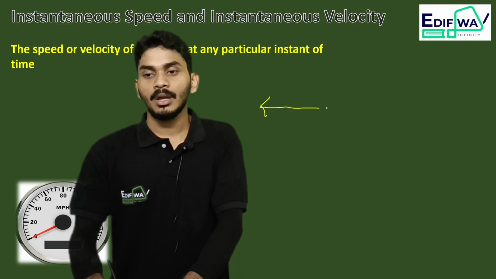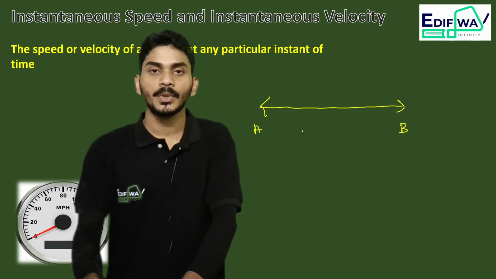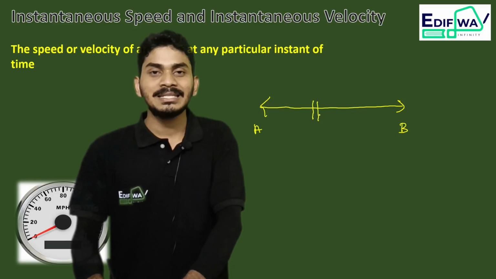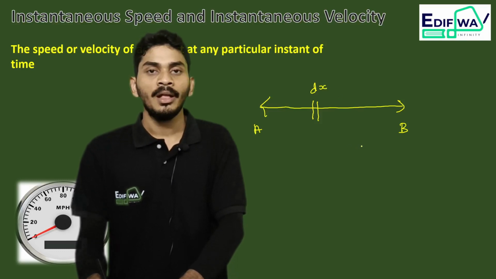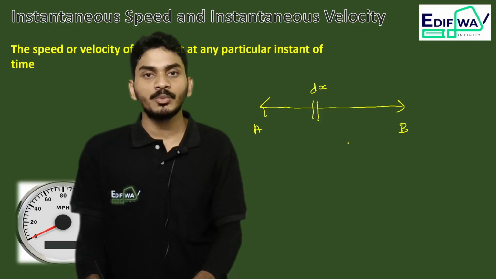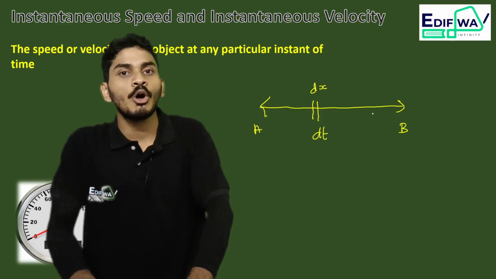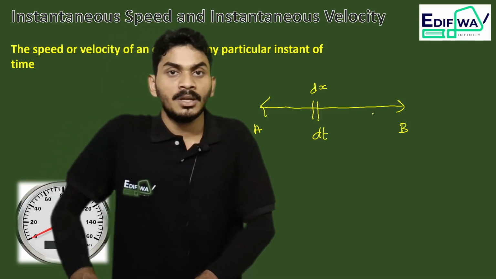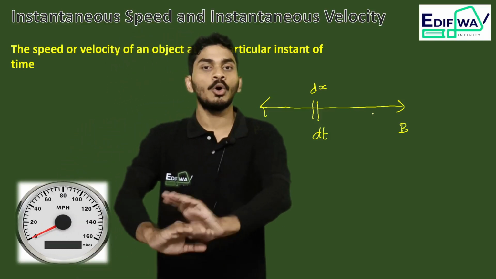Clear? Now, let's see the equation for instantaneous speed or velocity. Suppose a body is traveling from A to B, and let's consider a small path length, that is dx. Then the time taken to cover that small path length will be dt, right? The actual concept should be explained using the limit concept in mathematics, but currently you are not familiar with all those things.